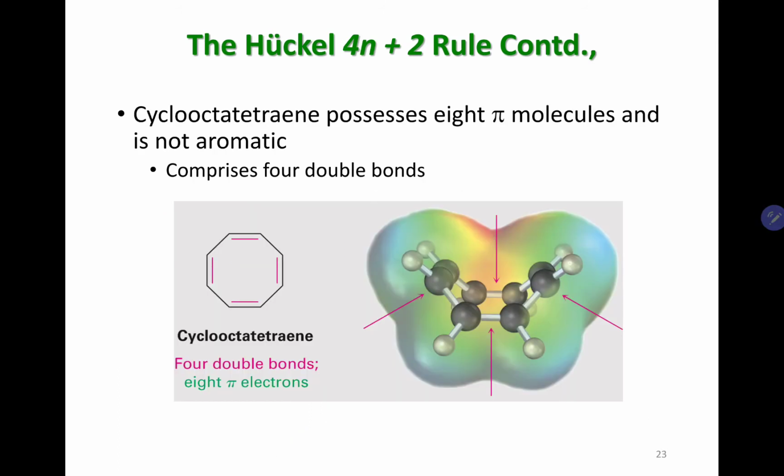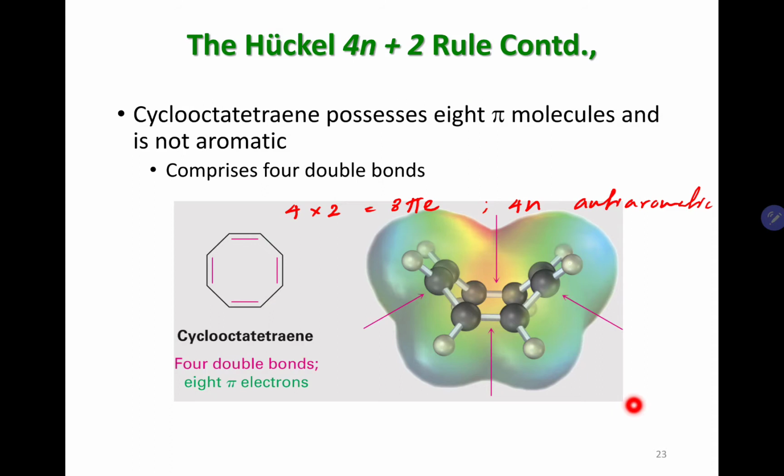Here's another example of an anti-aromatic compound. Here you have 4 double bonds. If you have 4 double bonds, you multiply by 2, which means you have 8 pi electrons. 8 pi electrons is a solution for 4n, not 4n plus 2. 4n means what? Anti-aromatic. Not only that, this cyclooctatetraene is also not planar.